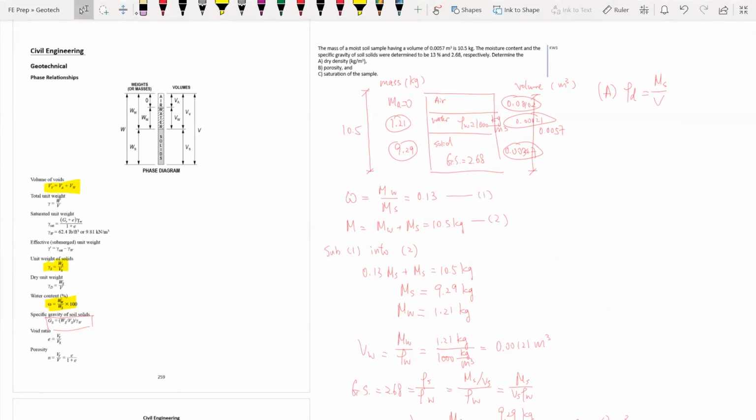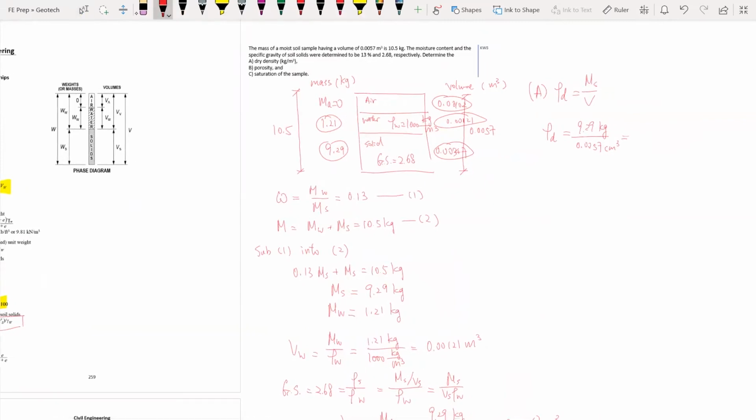And we put in the numbers. And that can be defined as 1,630 kilograms per meter cubed.